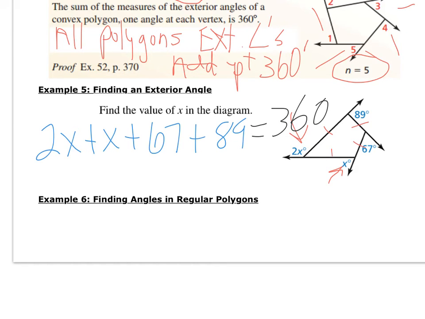Now, let's combine stuff together and solve, right? First of all, can we add those two things? Yes, we can. 3x. And then 67 plus 89. You can use your calculator real quick. That's right, 156. And then I have 360 over here. I'm sorry, that kind of covers it up, but I don't have a lot of room.